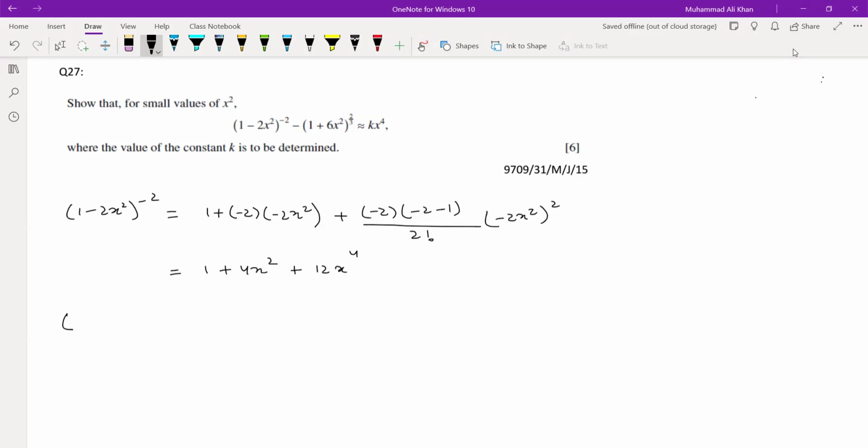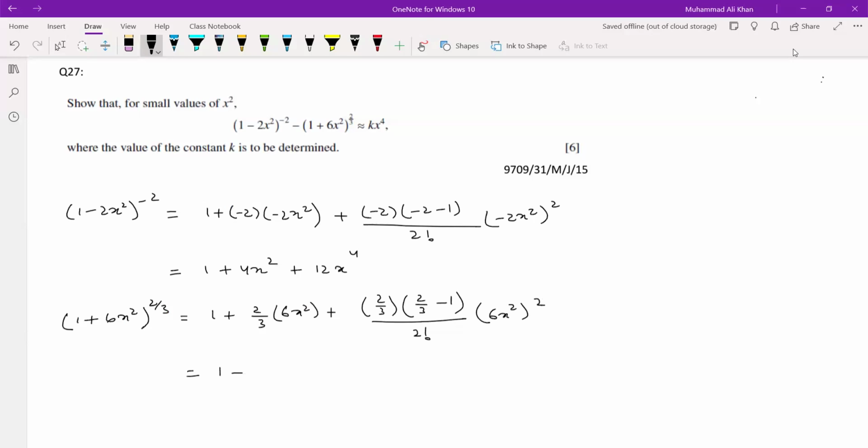Now the next one, (1 plus 6x squared) power 2 upon 3. It will be 1 plus nx plus n(n minus 1) upon 2 factorial x squared. The first term is 1, the second term is 4x squared, and the third term is minus 4x power 4.